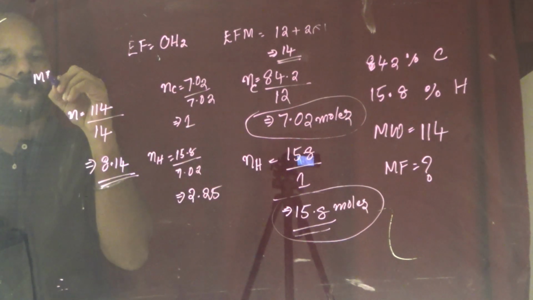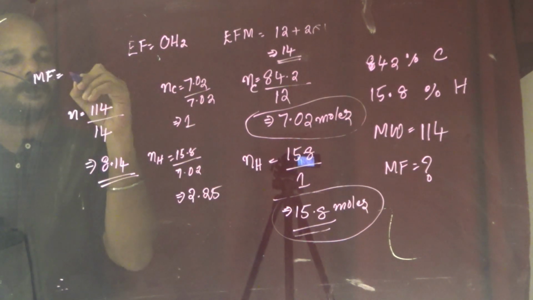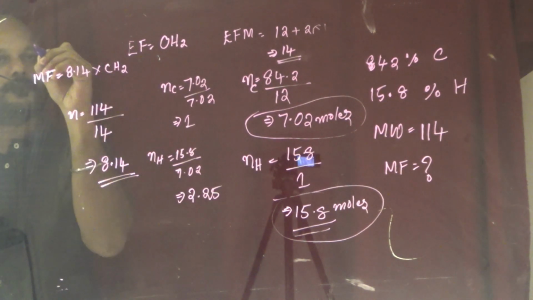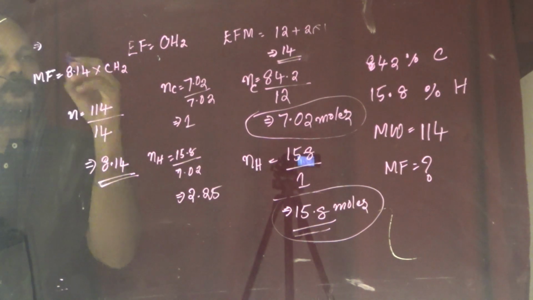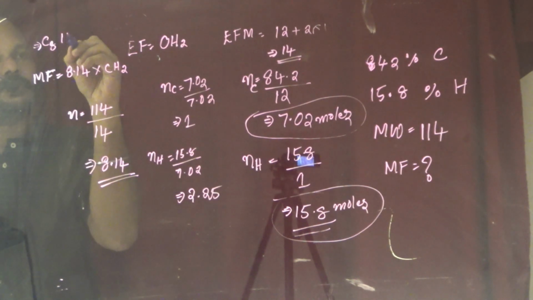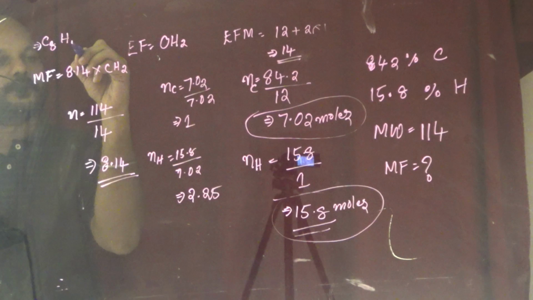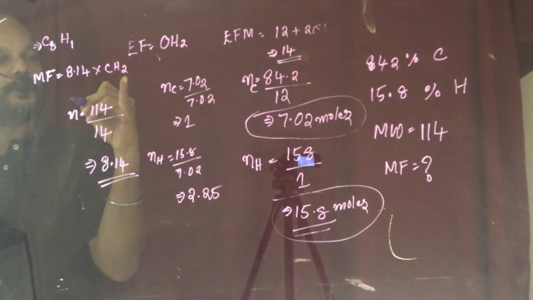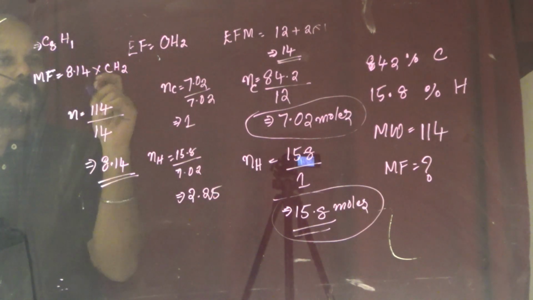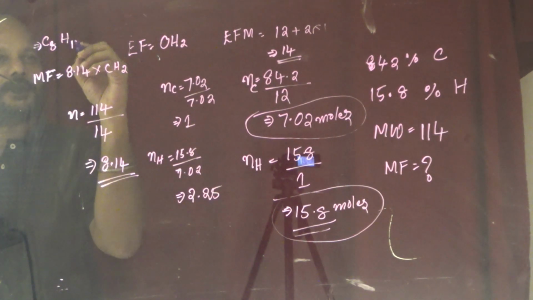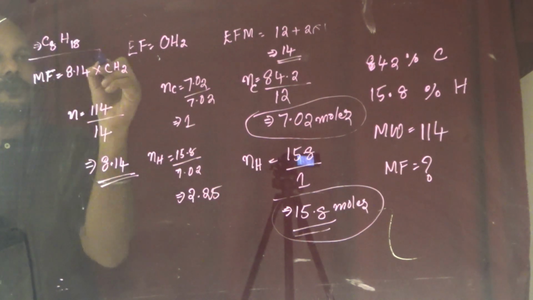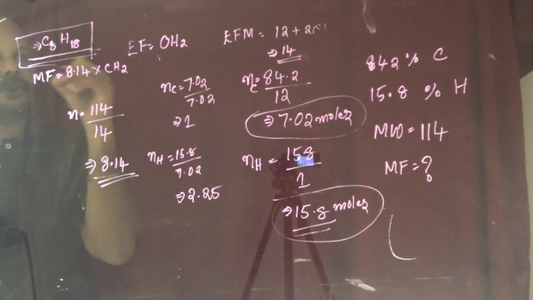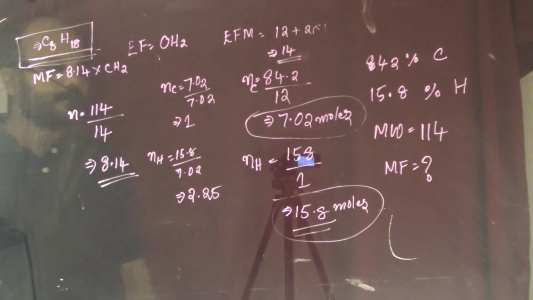So the molecular formula is 8.14 into CH2. So that is roughly C8H16, and 8.14 into 2 you will be getting close to 17, so we can round it to 18. So this is how you will be getting the formula.